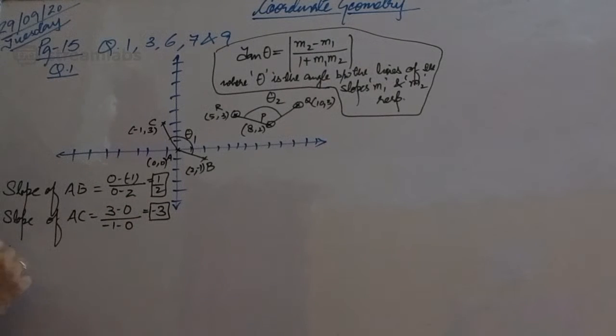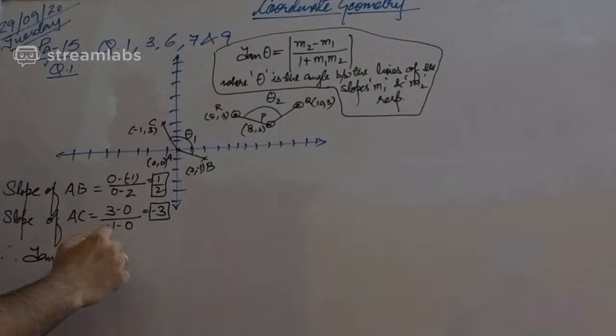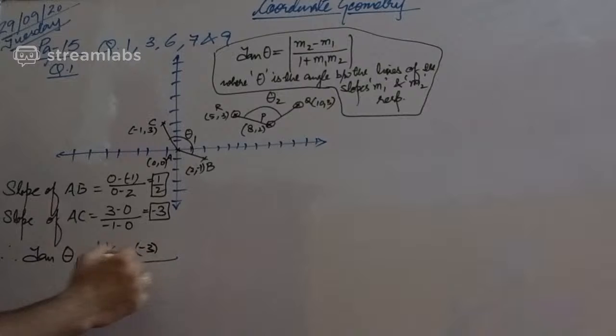So therefore, tan of theta 1, because I have taken this as theta 1, I can apply the formula m2 minus m1. For example, say m1 is this, I've taken as m2 minus m1. I hope you understood.